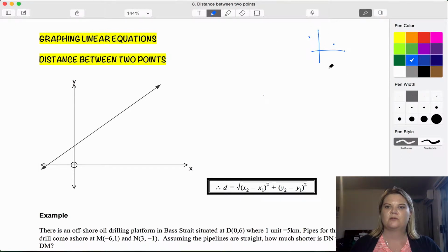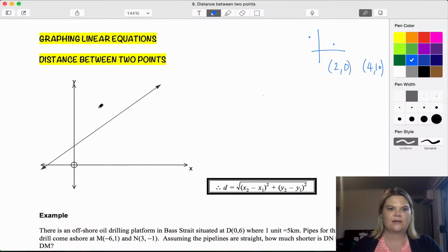Or you might be given 2 points written like this, and 4, 10, just made 2 up for you, without a graph, but you've just been given the 2 coordinate points and you need to find the distance between those 2 points. So as a first step, you could graph them, but this formula that I'm about to show you would be really useful to help find the distance really easily.